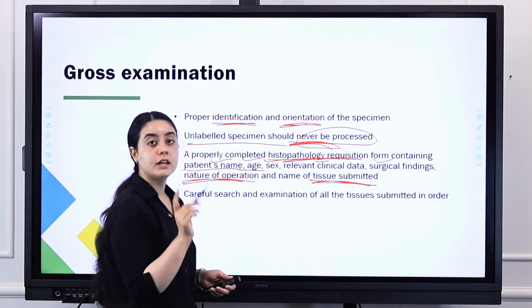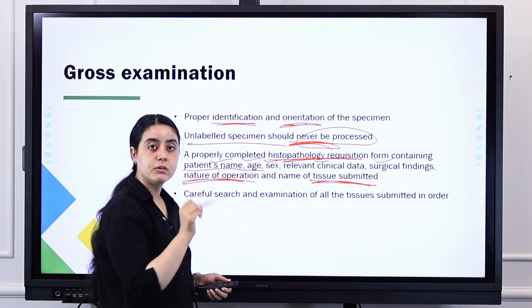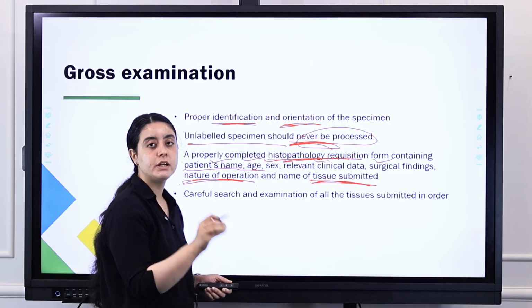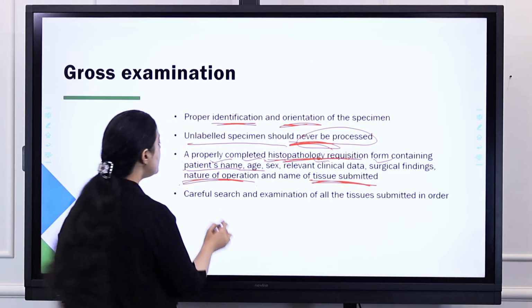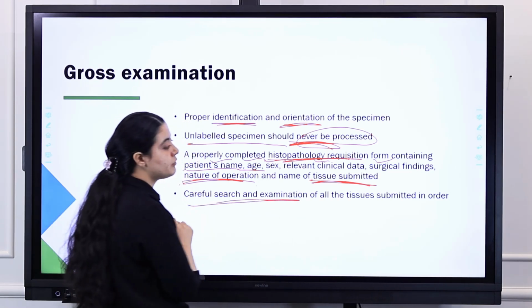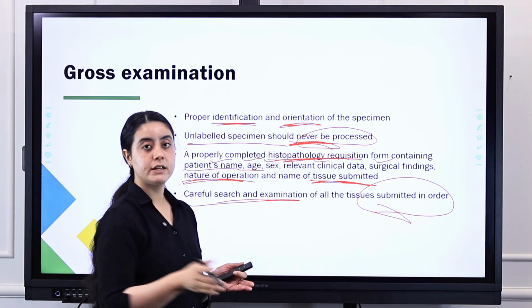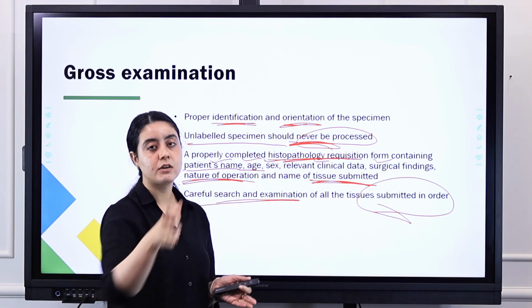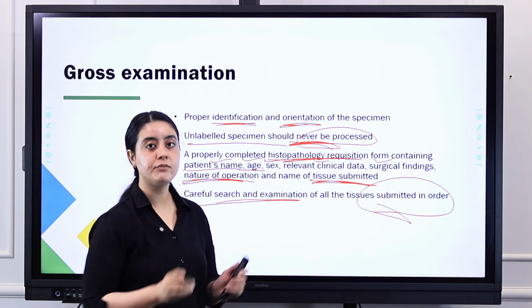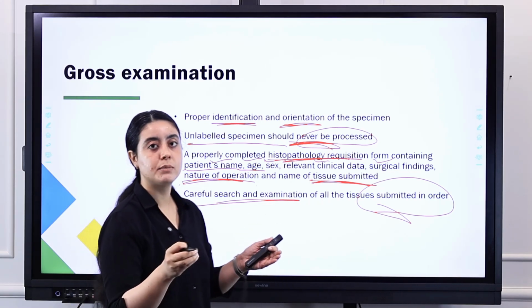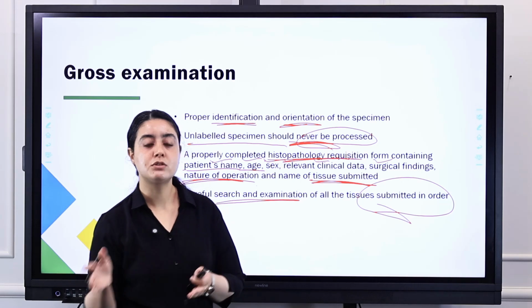As I've told you, the name of the tissue is also written over there, what type of tissue is submitted to the lab, right? Then comes careful search and examination of all the tissues submitted. So you have to place them in order along with their requisition forms, whichever samples are submitted into the histopathology lab.